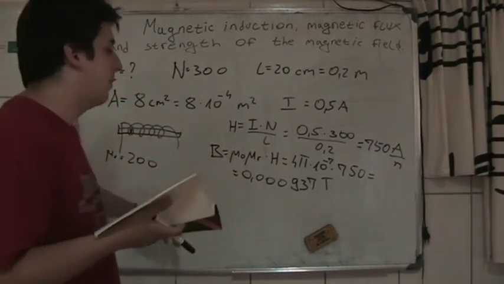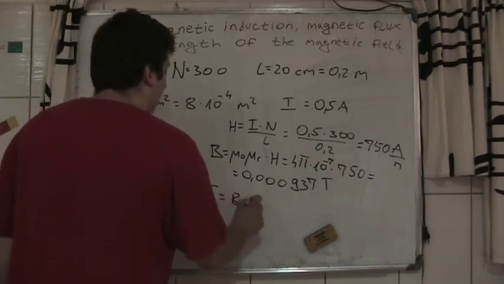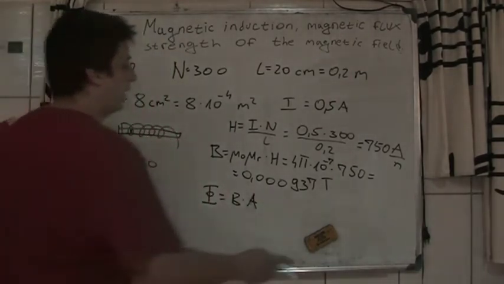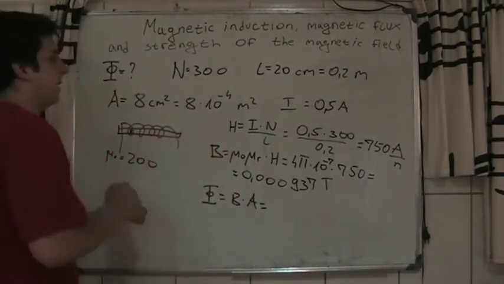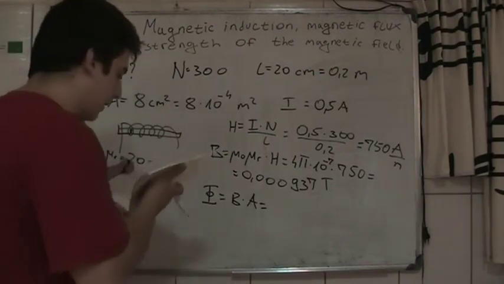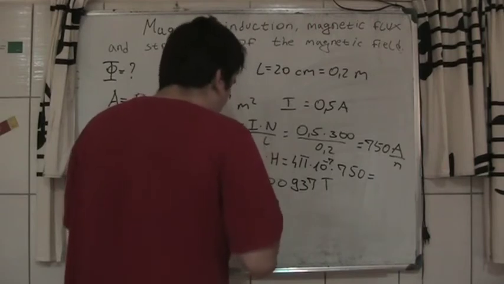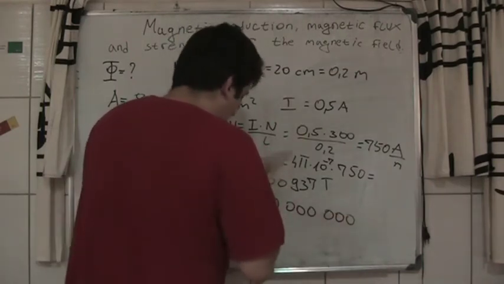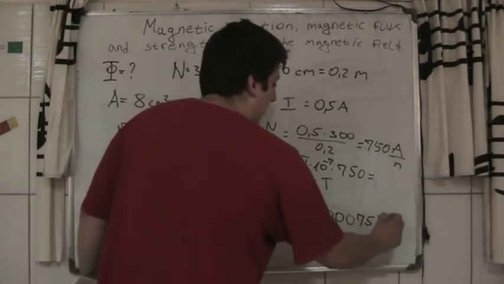So we can now calculate the magnetic flux. That's equal to B times S. Oh, sorry, in my language we use S for a surface area, but in America and England I think you use A. So this is B times A. B is this, times 8 times 10 to the minus 4, and then you will see that you get 0.6075 Webers.